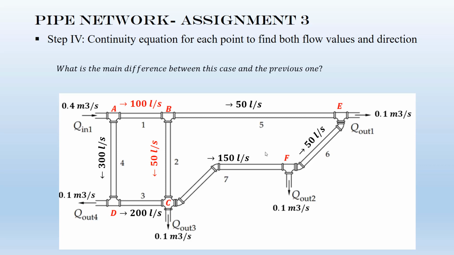If you compare this case with the previous one, some volumetric flow rates have changed, based on this initial assumption. The other thing is that the flow direction in pipe 6 now is in the opposite direction. In the previous assumption, when I used 200 liter per second, the flow direction was in the opposite direction, actually from the right to the left. Now it's from the left to the right side.